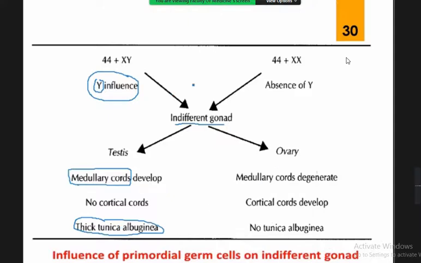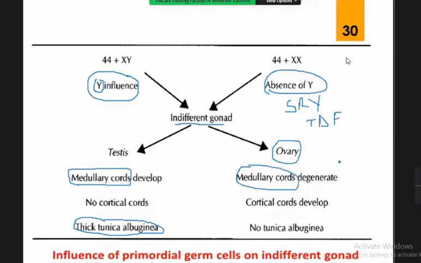If the primordial germ cells entering the gonad do not have the Y, meaning that there is an absence of SRY, so there is no way the testis determining factor is going to be formed, then by default it becomes the ovary. And what you are seeing as medullary cords actually start to regress.